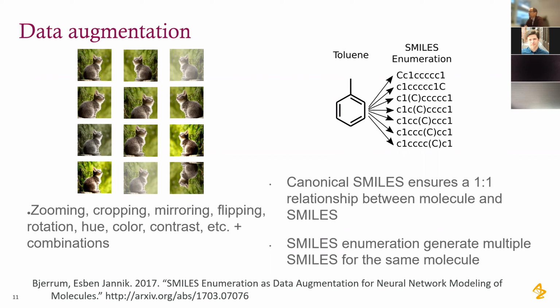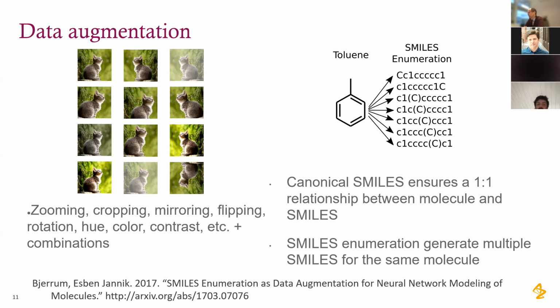In SMILES, we can do the same thing because we have a one-to-many relationship between a given molecular graph and the SMILES we can create from it. There has been a lot of research into how you could secure a one-to-one relationship. There's something called the canonical SMILES, where you have defined rules for what paths to take through the SMILES and in what order to branch out.